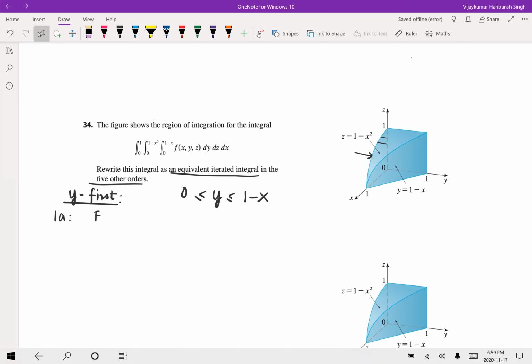Then what we have is the bottom region here. Let me just draw the bottom region. So this is your y first. So the bottom curve is here.